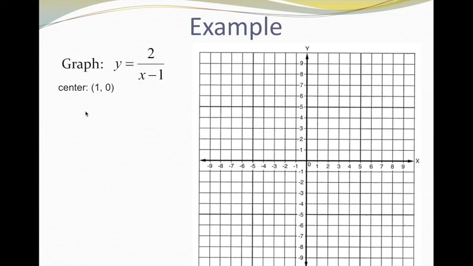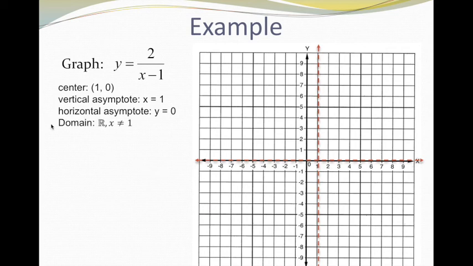My vertical asymptote is x equals 1, and I'm going to represent this with a dashed line. My horizontal asymptote is y equals 0, and I'm going to represent this with a dashed horizontal line.